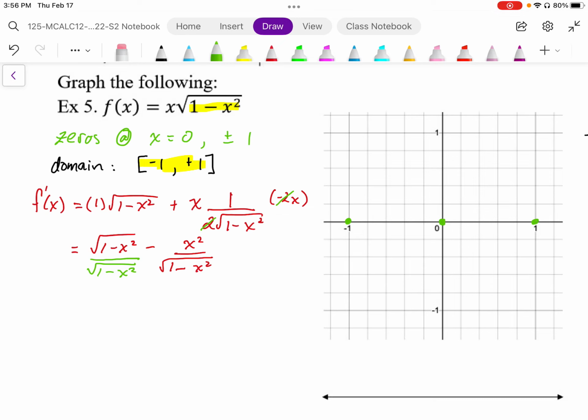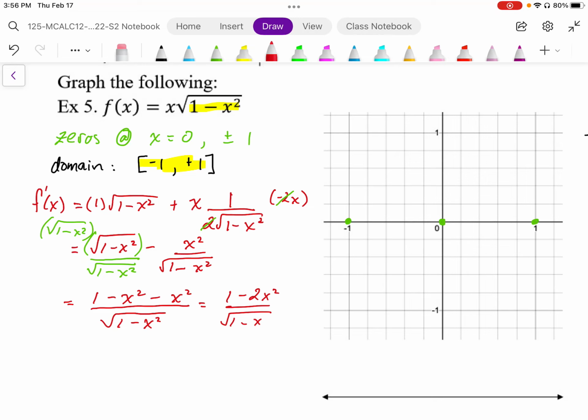That means I need another factor of root 1 minus x squared multiplied onto this bracket here, and then that's going to get rid of the square root. So this now simplifies to 1 minus x squared minus x squared all over the common denominator of square root 1 minus x squared. This simplifies to 1 minus 2x squared all over the common denominator, square root of 1 minus x squared.